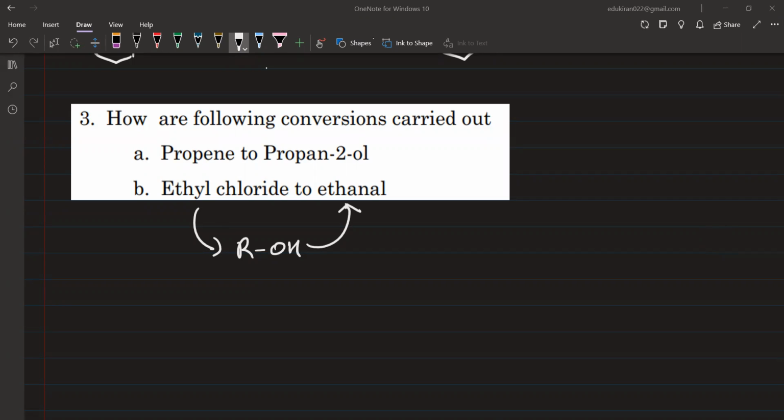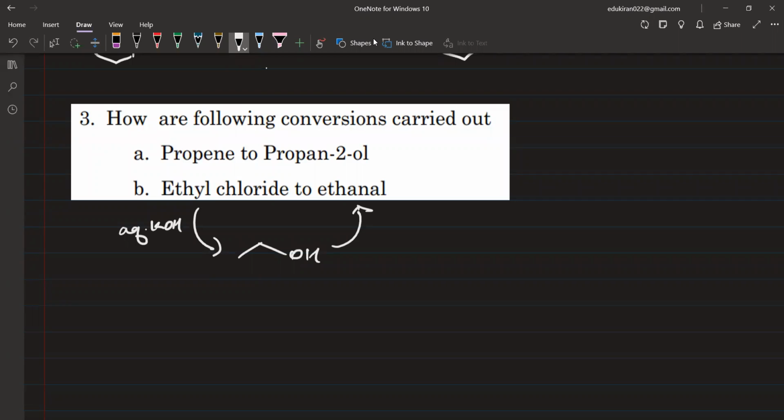How can I help you now? I can show you the reaction, but I want you to think. What will be the reagent here? If you want to convert ethyl chloride to, for example, ethanol, and then ethanol can be converted to ethanal also, what is the reagent you are going to use? Aqueous KOH, right?